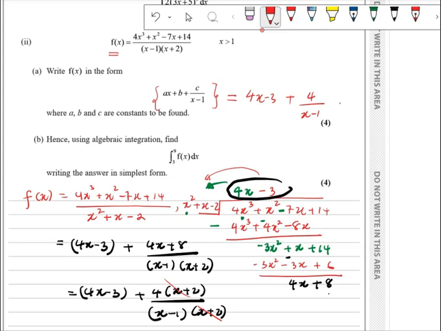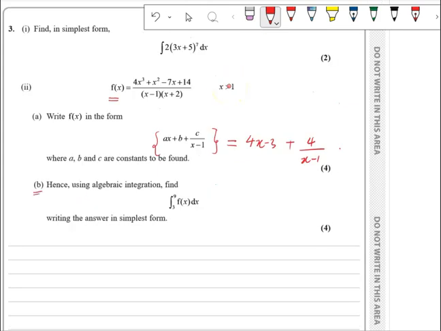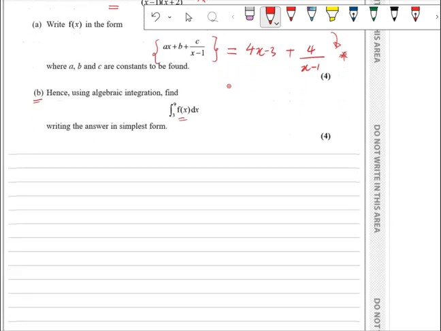That's your expression. All right, part B of the question, they're asking us to integrate f of x. Now what you do, you forget about this function and focus on your simplified expression. That means our integral is going to be the integral from 3 up to 9 of 4x minus 3 plus 4 over x minus 1 dx.